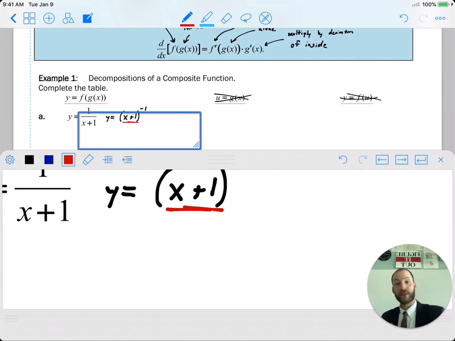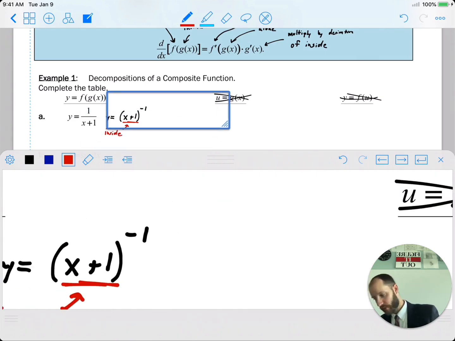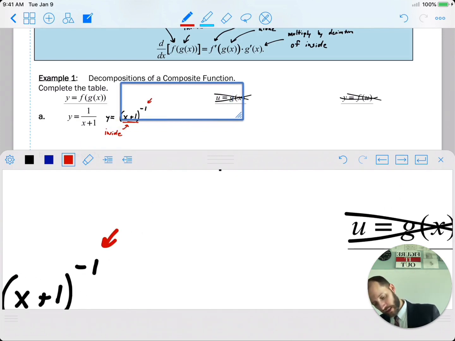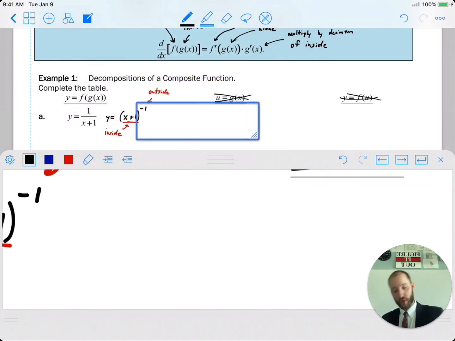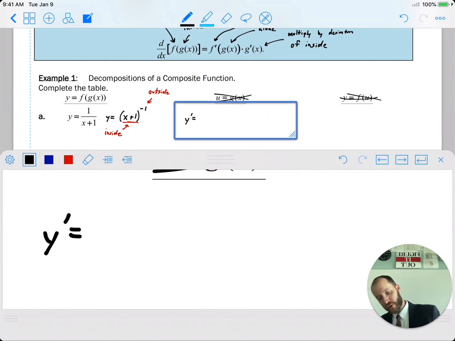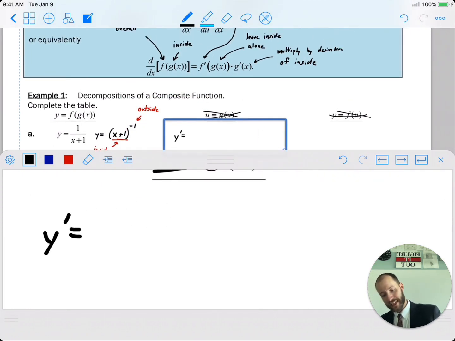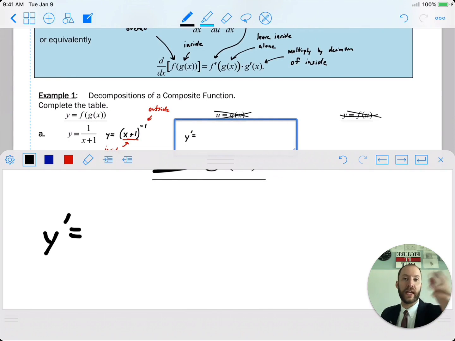So this x plus 1 is inside the parentheses, so that's our inside function. To the power of negative 1, that would be our outside, or overall what is happening in the problem. So when you go to take the derivative of this, do the derivative of the inside, derivative of the outside first.